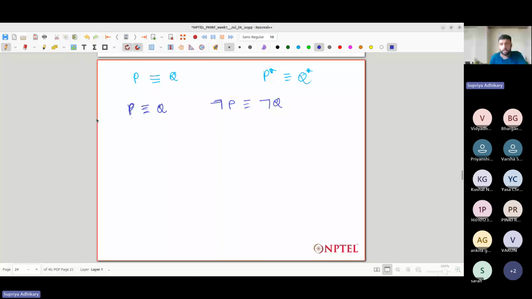So what is the negation? If we apply negation, what would happen is that it would change each of these literals to negation P, Q, and if you use De Morgan's law, it happens like this. You can change it like this.